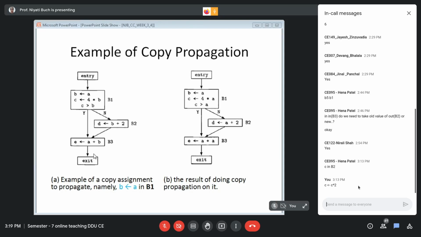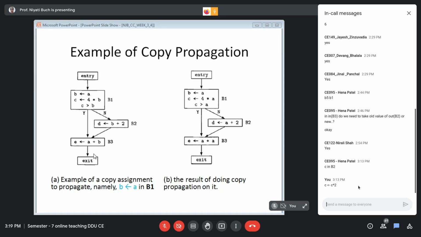Even in B1, after that statement, wherever we were using B, we have changed it to A. Instead of using B, we are using A. So this is copy propagation.